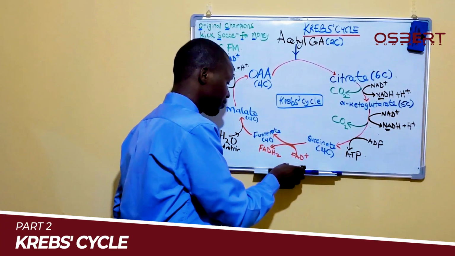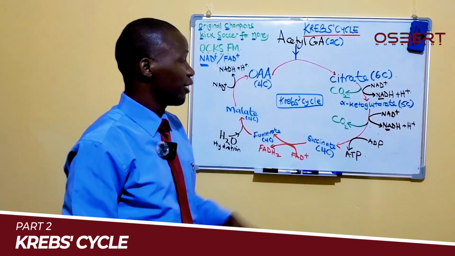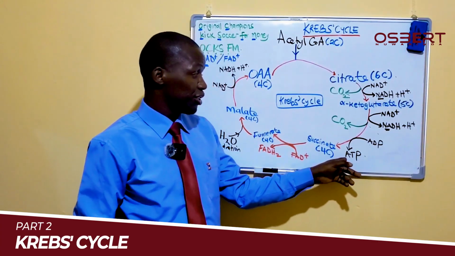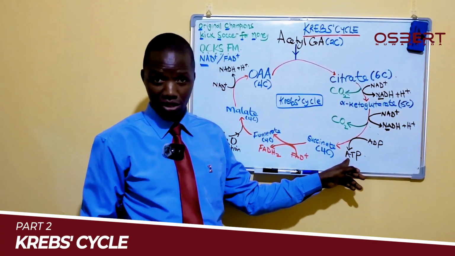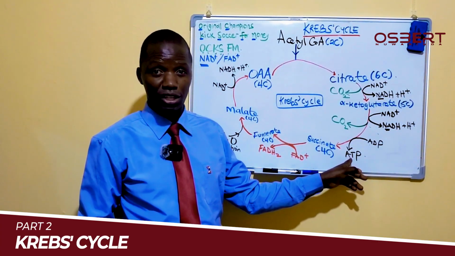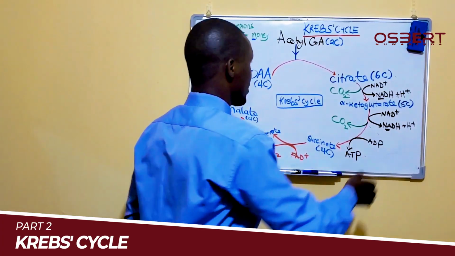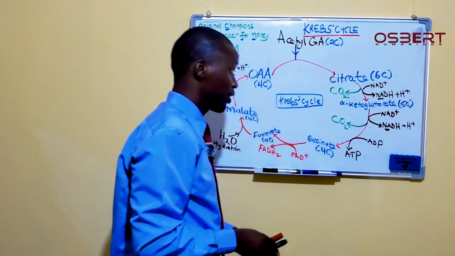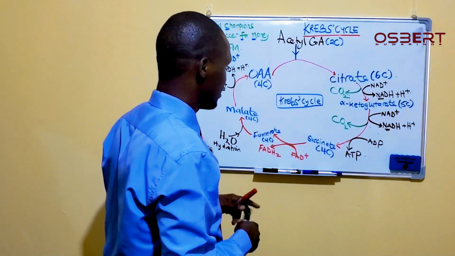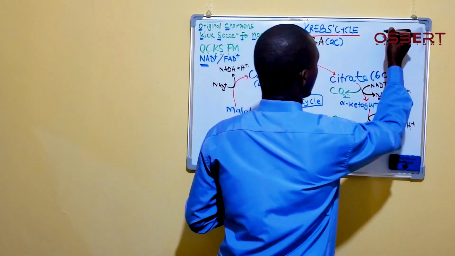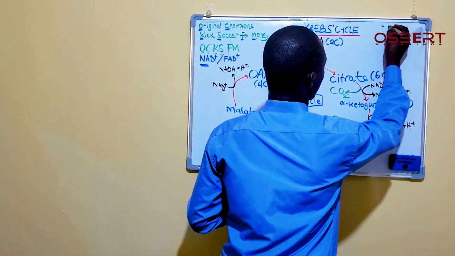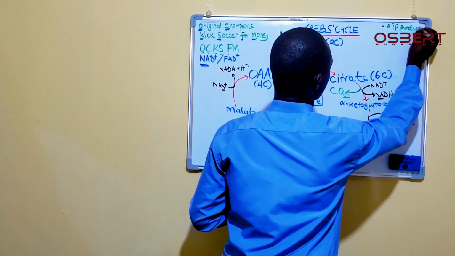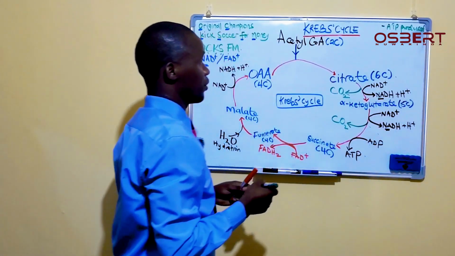Number one, from this Krebs cycle, we are able to appreciate that ATP is produced. There's production of ATP. So, something very important within this Krebs cycle is that ATP is produced.